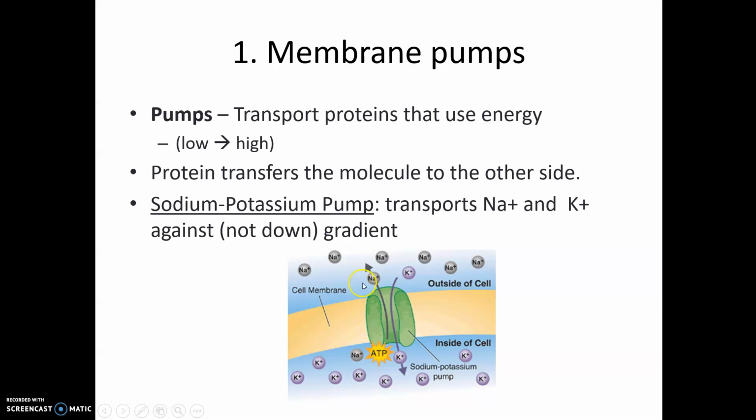So there's not the same number of purple circles on this side as this side, and there's not the same number of silver circles on this side as this side. There's definitely a concentration of one on this side and a concentration of one on this side, which for cells is a good thing. We like it. It's good.